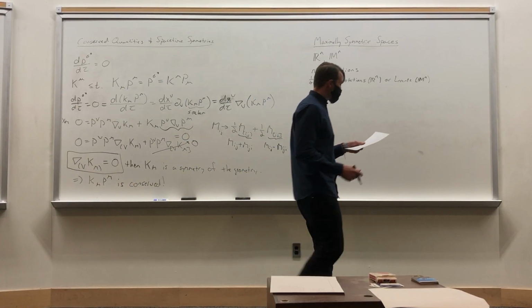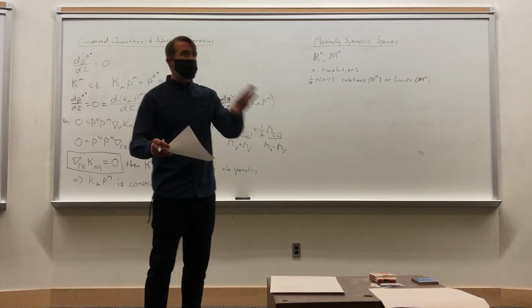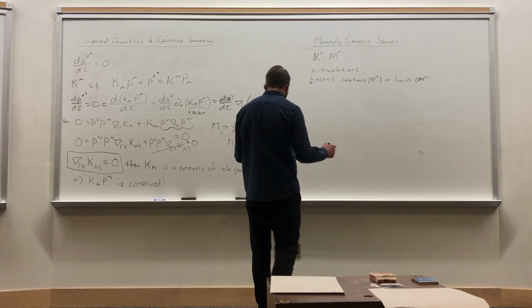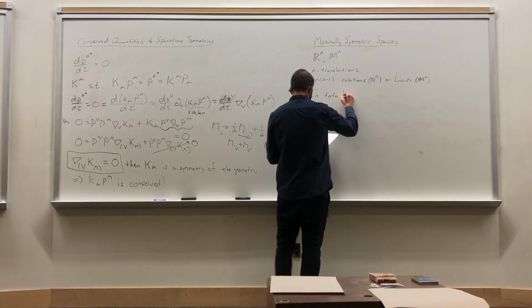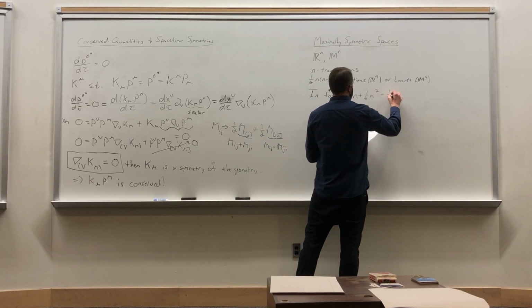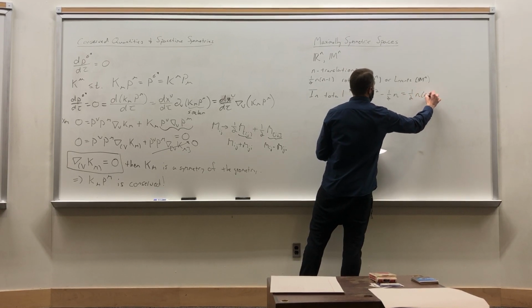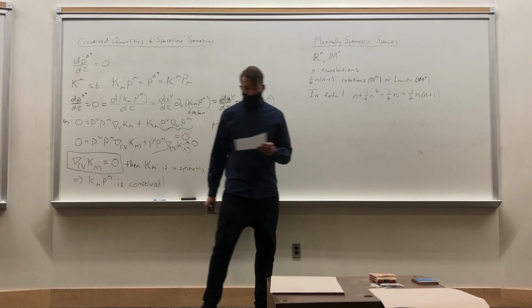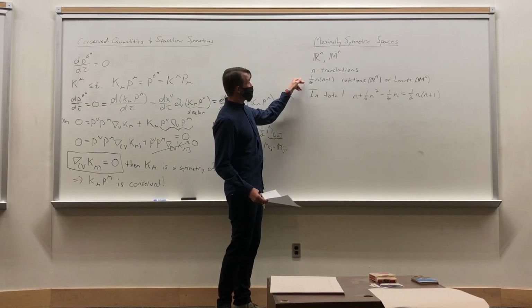Together, these form the Euclidean or the Poincare group. Those are some names that I gave you before, but I just want to shout out, in total, we have n plus 1/2 n squared minus 1/2 n, which gives me 1/2 n times n plus 1. I'm just adding these two numbers together.